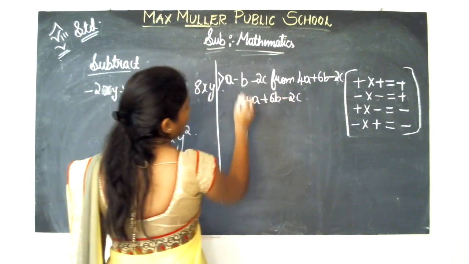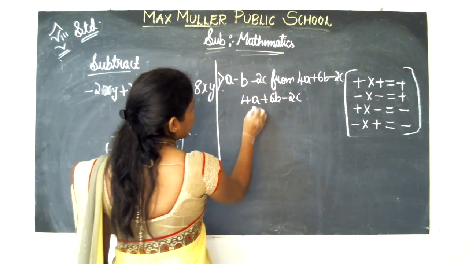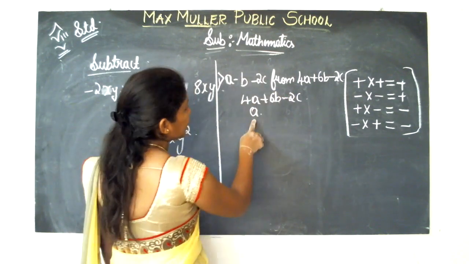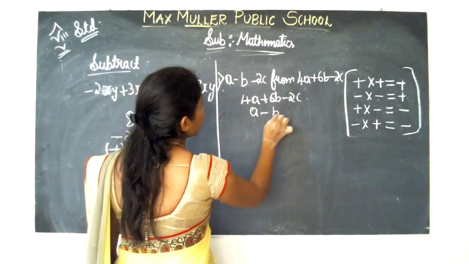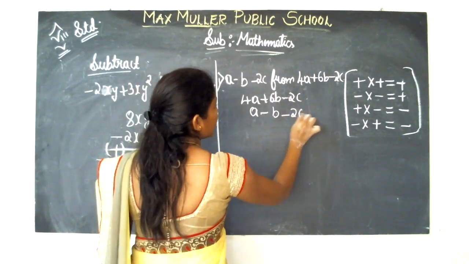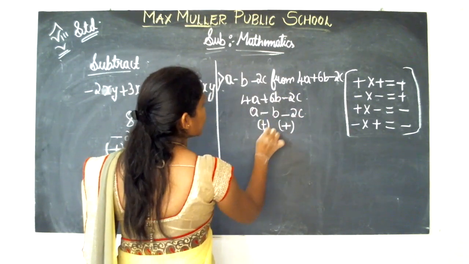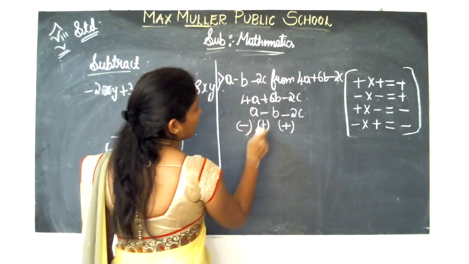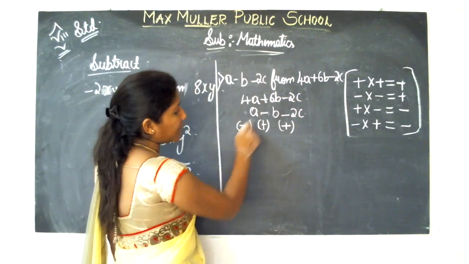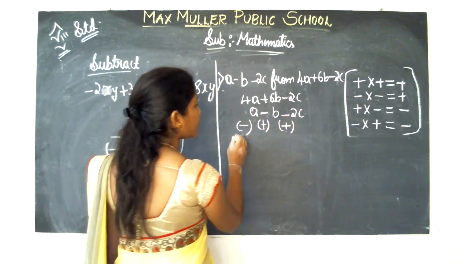Okay. Now write down the next expression under like terms, a minus b minus 2c. Now change the signs, minus to plus, plus to minus. Okay, here positive to negative, negative to positive, negative to positive.